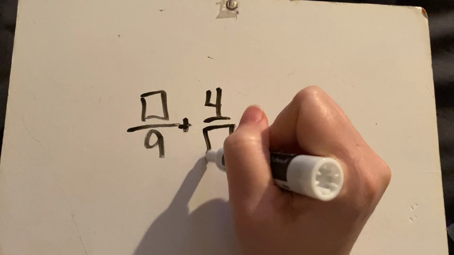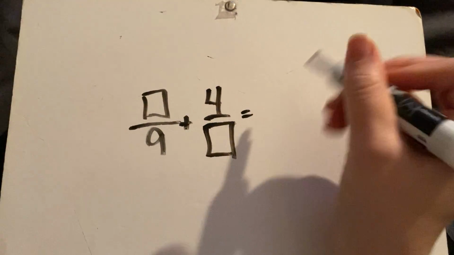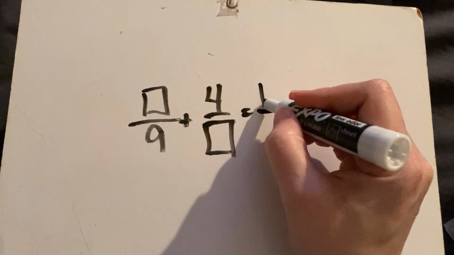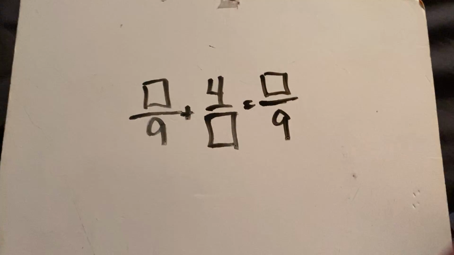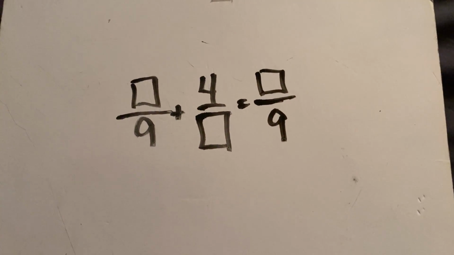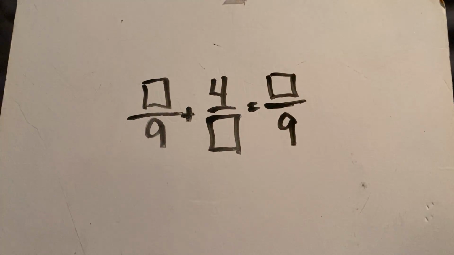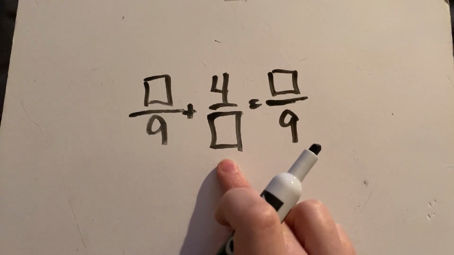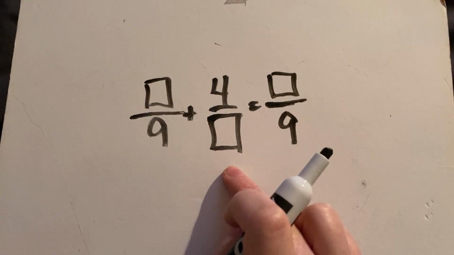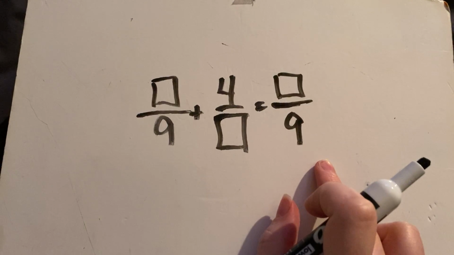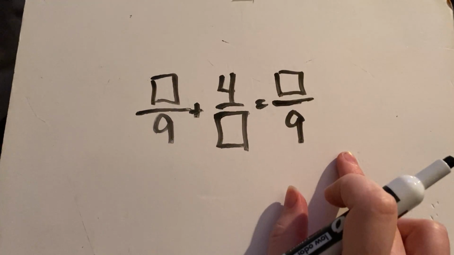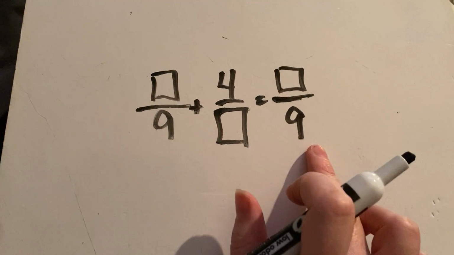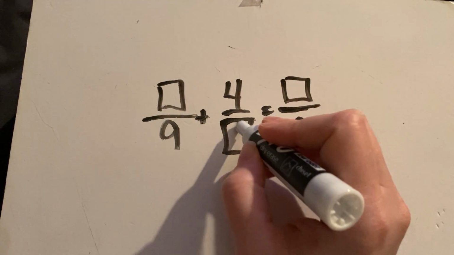Well, we'll leave this blank because it has 3 blanks. Equals something ninths. So the top numbers, there's multiple answers, but this number, everyone should have the same number because we're talking about denominators. And when we add and subtract, the denominator always stays the same. So if it's a 9 here and a 9 here, it has to be a 9 here.